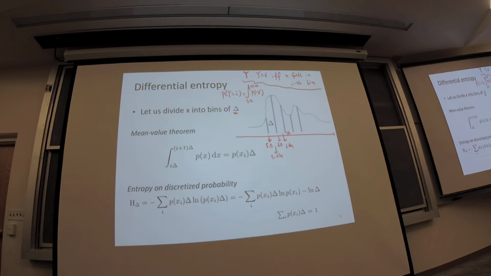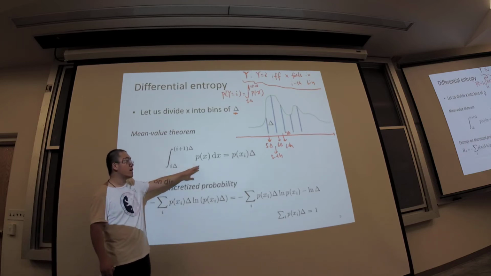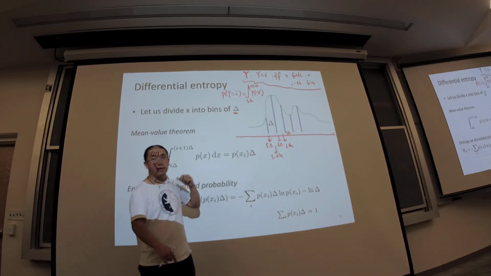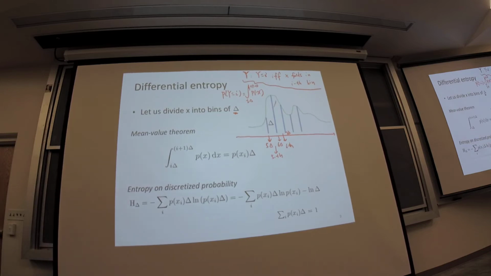So according to the mean value theorem, this is from calculus, right? The mean value theorem just says that in this range, this integration... let me just draw one example. Suppose this is the bin you want to integrate your density over.